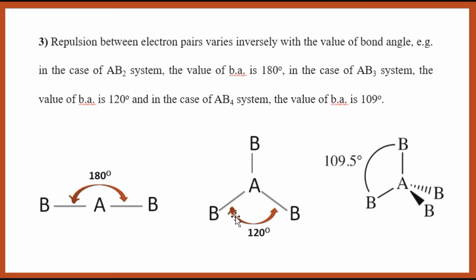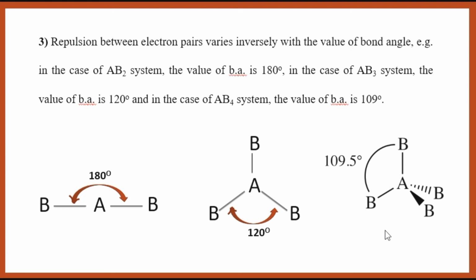But in the case of AB3 system, value of the bond angle is lesser than the 180 degree, and that is 120 degree. So the repulsion would be slightly greater than the repulsion between these two bond pairs in the case of AB2 system. So in this system, AB3 system, the repulsion between electron pairs would be slightly higher than that in the case of AB2 system.